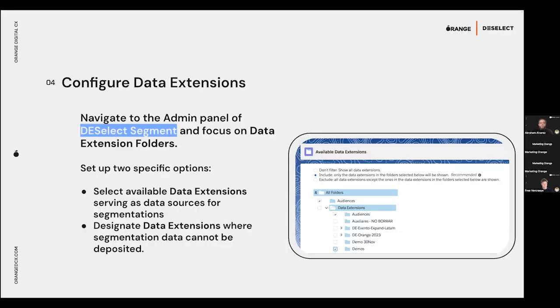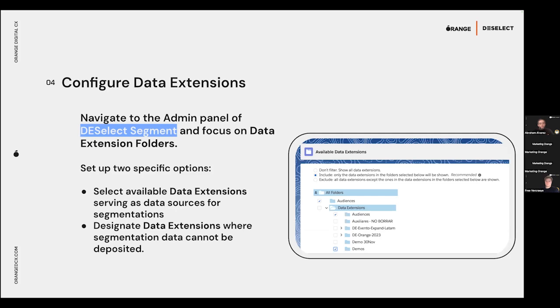Then we are going to configure the extensions, and we're going to tell it where the data is going to come from. You need to decide if you are going to allow all the data to be used with Segment, or maybe you just need specific data extensions that will be the source for all the audiences, for all the segmentations that you want to do. And the same is true the other way around.